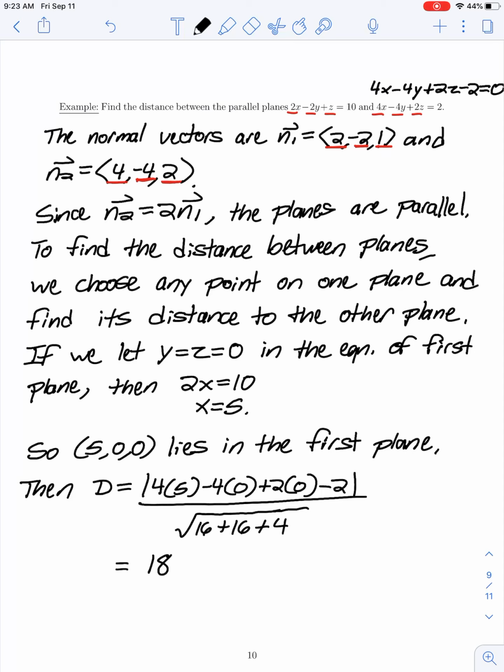The absolute value of 18 is 18. And then we're dividing by the square root of 32 plus 4. So that is root 36, or 6. And then 18 over 6 leaves us with 3. So this would be the distance between those two parallel planes, 3 units.